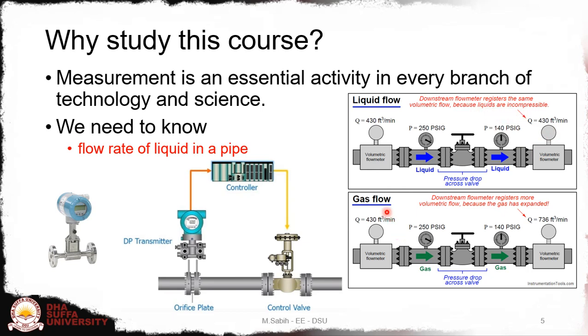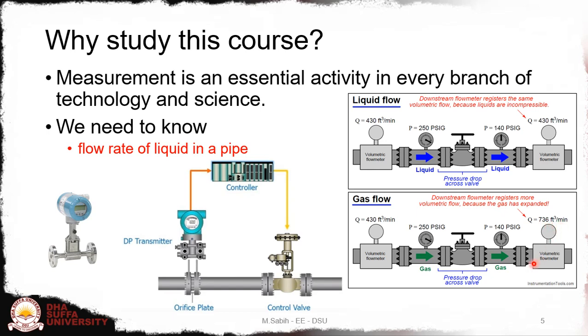But in the second case, when we have a gas flow, the volumetric flow reads 430 cubic feet per minute, but after a pressure drop, the gas will expand and the volumetric flow will be like 736 cubic feet per minute.